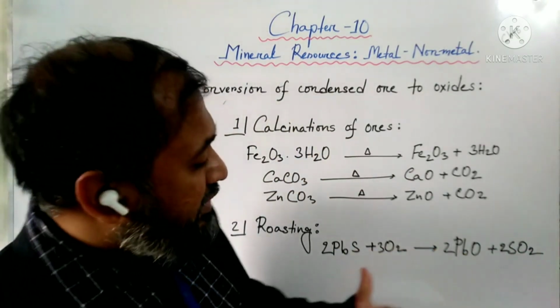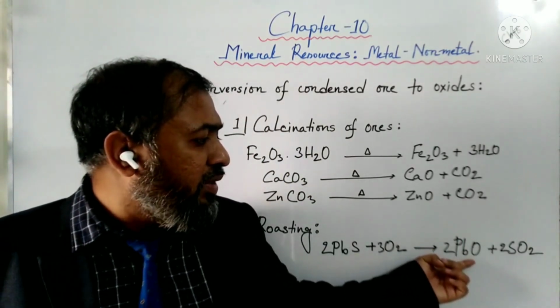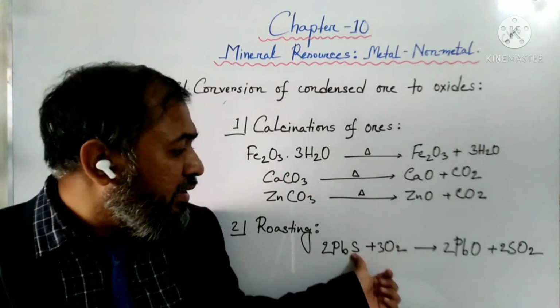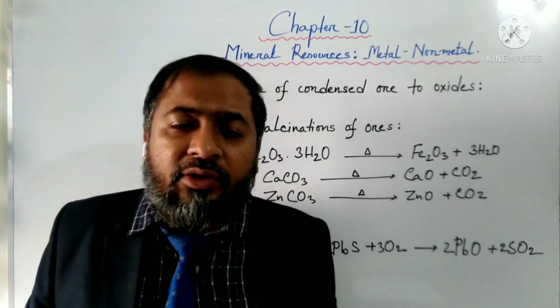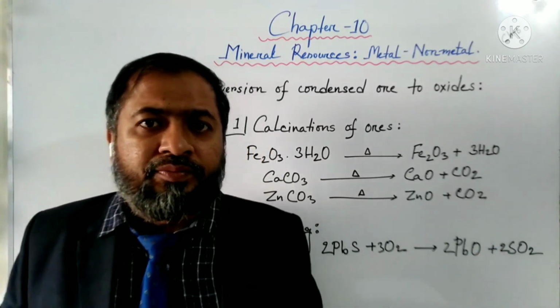So in this process, the oxide of the ore is formed and the sulfide which remains in the ore goes out by forming sulfur dioxide. So these are the two processes through which we can concentrate the ore.